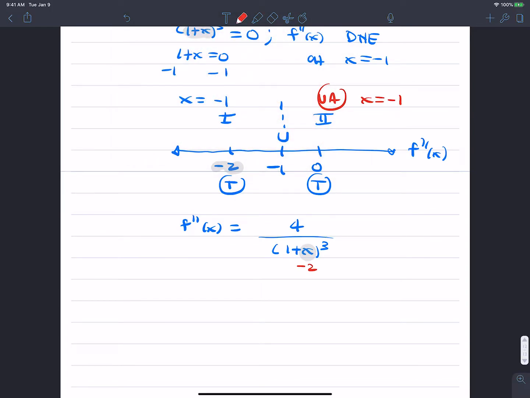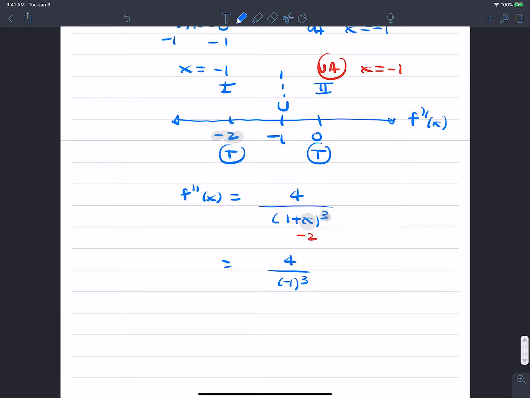What's 1 minus 2? Is that -1? Yeah. Okay. 4 over -1 cubed, what's that going to give you? Is that negative? So I have a positive over a negative. What does that mean about that region? It's negative.